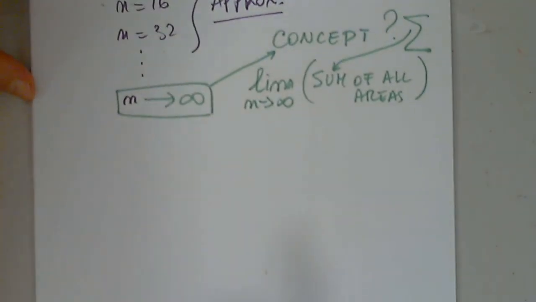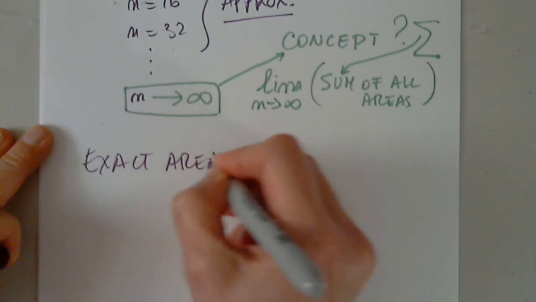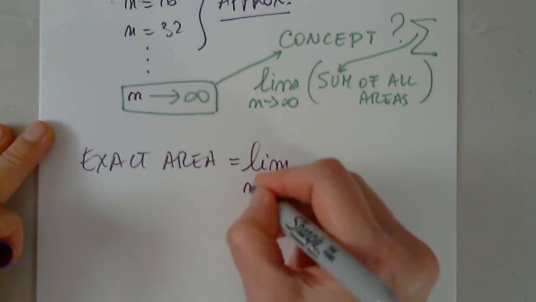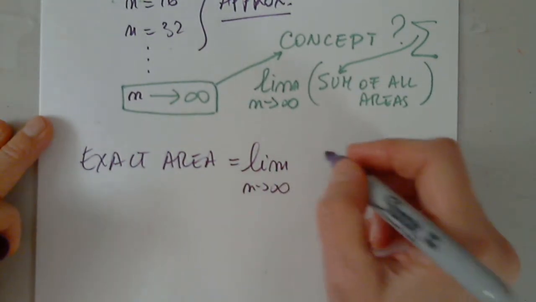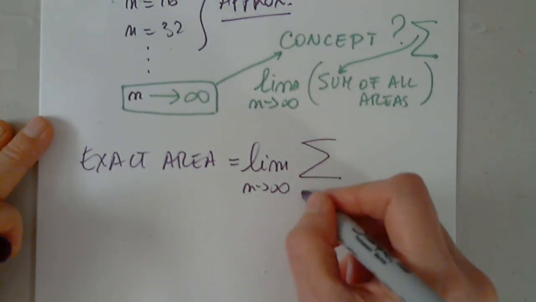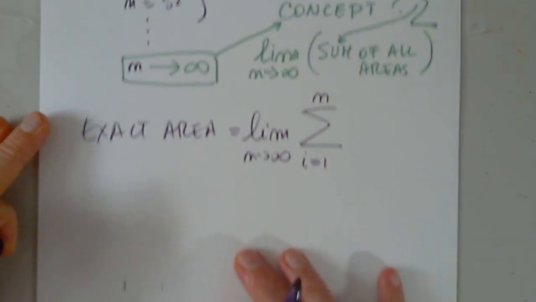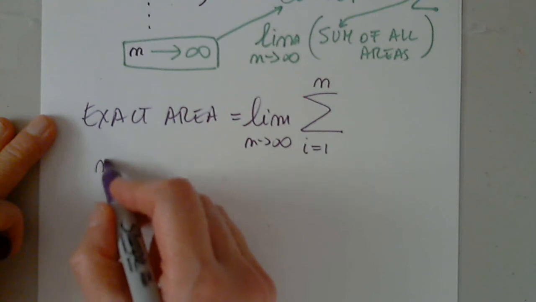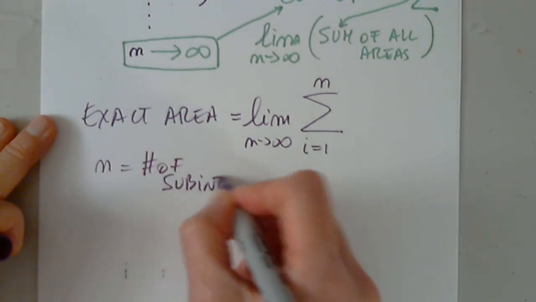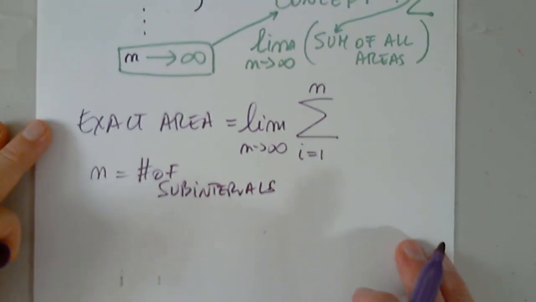Okay, so now the exact area will be the limit as n approaches infinity of the sum of all areas from the first subinterval to the nth subinterval, right? N is the number of subintervals.